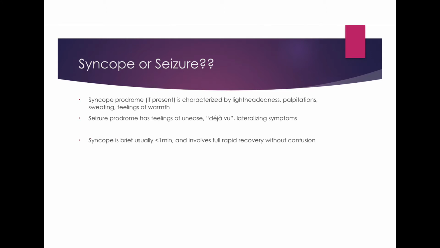Again, going back to the definition, syncope is usually brief, often less than a minute, and involves full recovery without any confusion, whereas seizures tend to be more prolonged and are associated with what are called the post-ictal states, which include confusion and post-seizure paralysis.